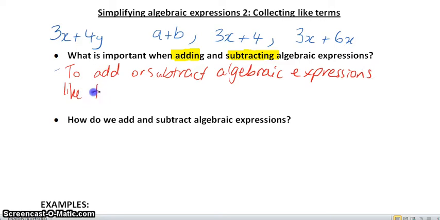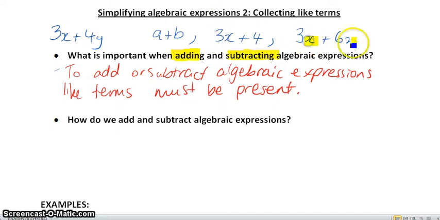What do we mean by like terms? Well, like terms are basically terms with the same pronumeral part. So if we go up here, for example, these are like terms, and we could simplify that to 9x. However, these are not like terms, so we cannot make this 7y or 7xy.